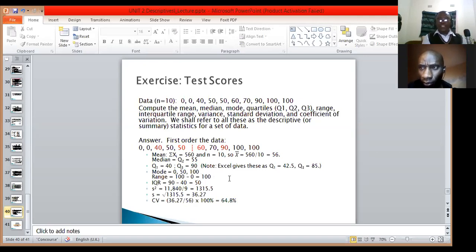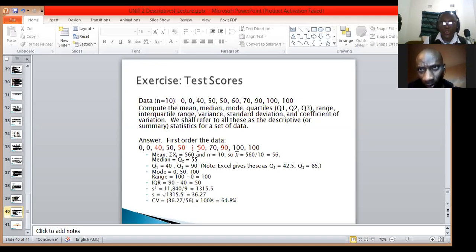Since our data is an even number, we are going to cut here, between the two middle values, where your median is.